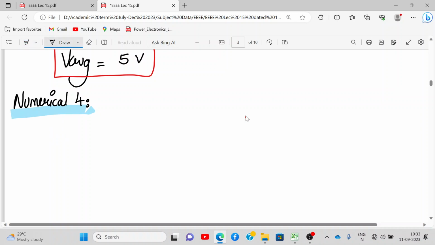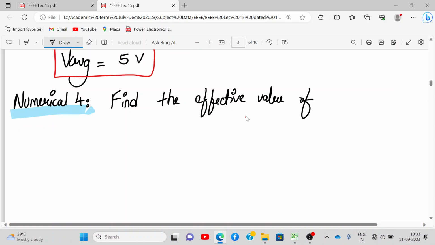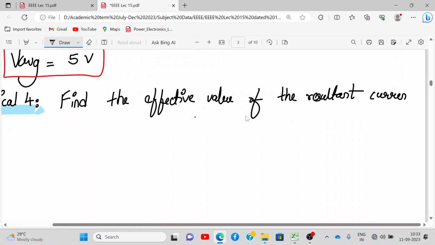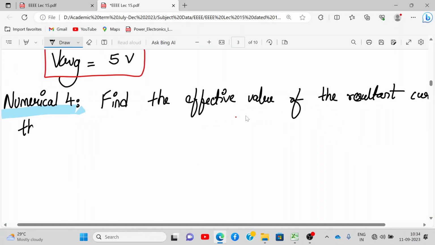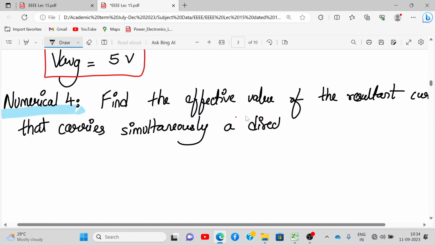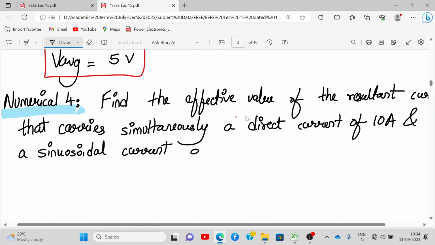Find the effective value of the resultant current that carries simultaneously a direct current of 10 amperes and a sinusoidal current of peak value of 10 amperes.